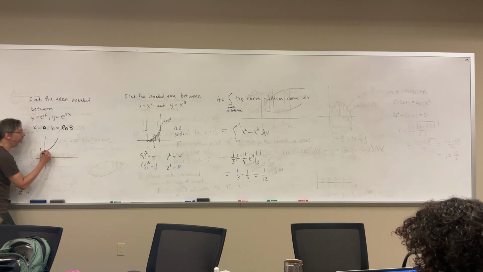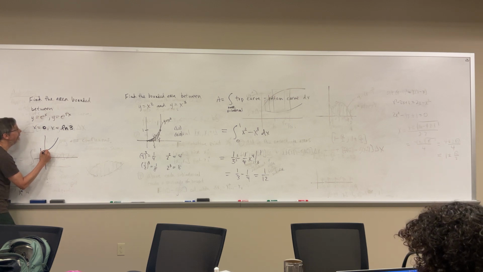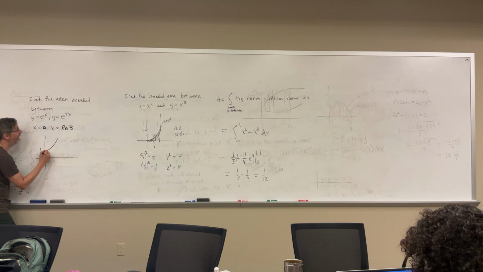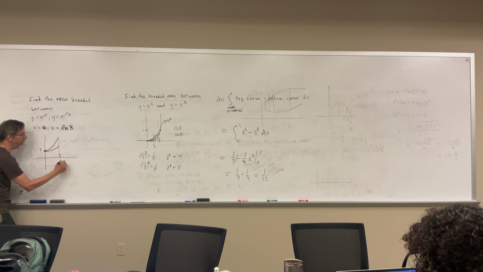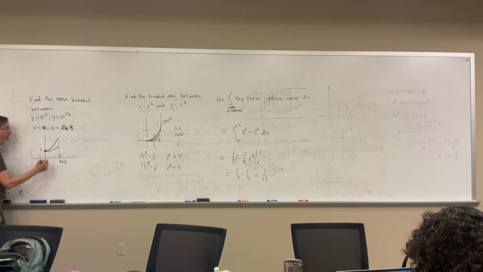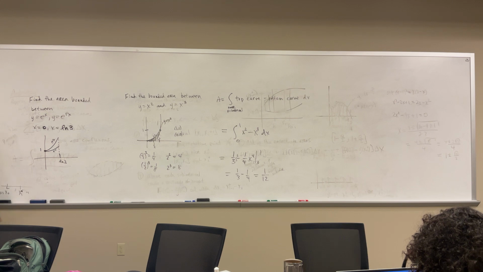Which one is on top? y equals e to the 5x. So by the time I get out to natural log of 3, on top I've got the e to the 5x curve, and underneath I've got the e to the x curve.